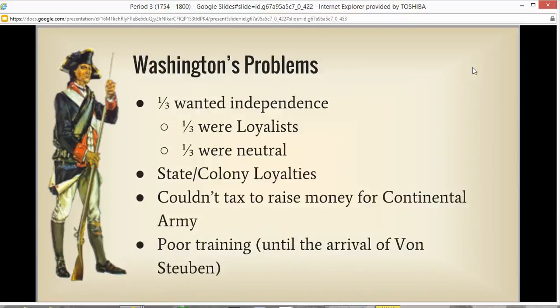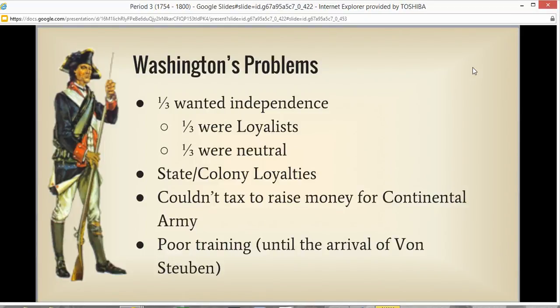Just this sense of identity and loyalty to your state or to your colony over this kind of idea of unity on a national level, right, and unifying the 13 colonies. And so that's something that Washington's going to have to combat as he's getting these troops together, these poorly trained troops, which I'll talk more about in a bit. Washington's also going to lack a lot of resources, and he cannot tax the people in order to raise money for the army.